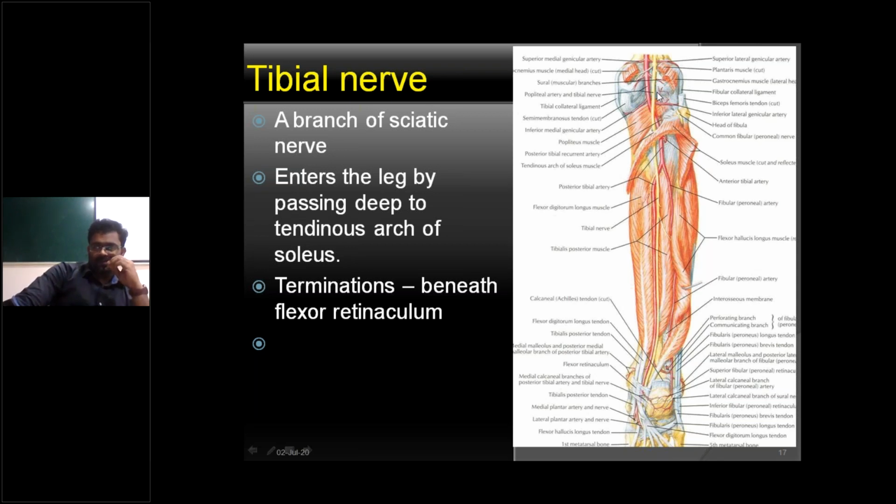So the tibial nerve is the larger terminal branch of the sciatic nerve. Root value L4, L5, S1, S2, S3. Passing beneath the tendinous arch, it accompanies the posterior tibial artery.